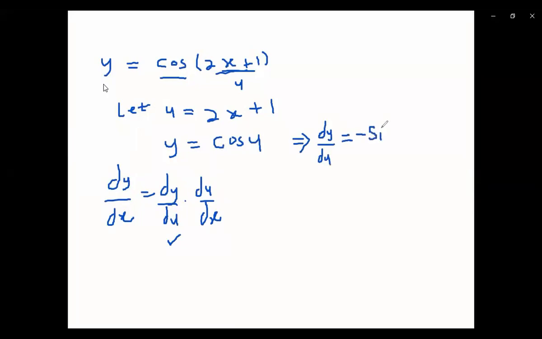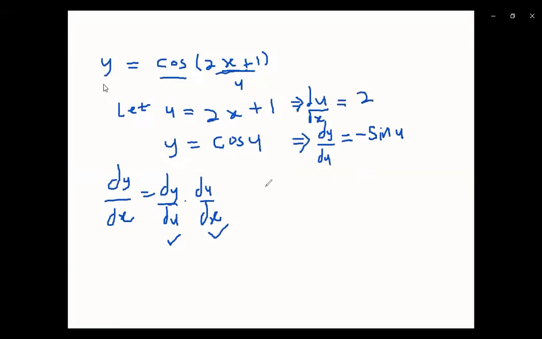So you get minus sine u. Then next, you also have to differentiate u with respect to x. So du/dx will be equal to what? 2. Okay. Good.